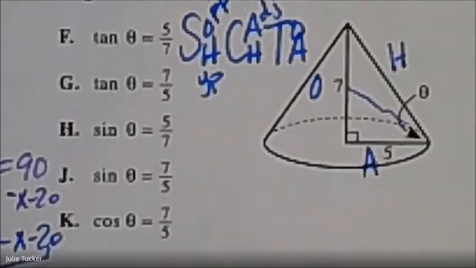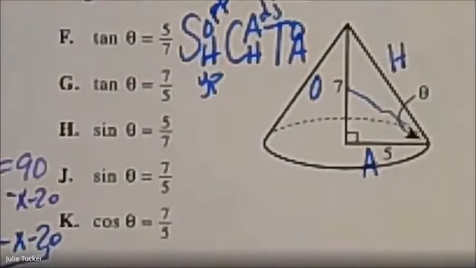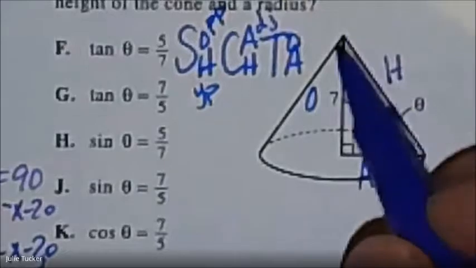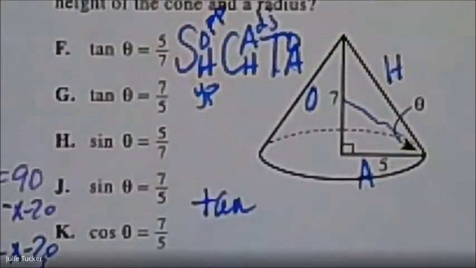So they have a label on this and a label on that. A. Good. So that is the TOA, right? So we have to do tangent.